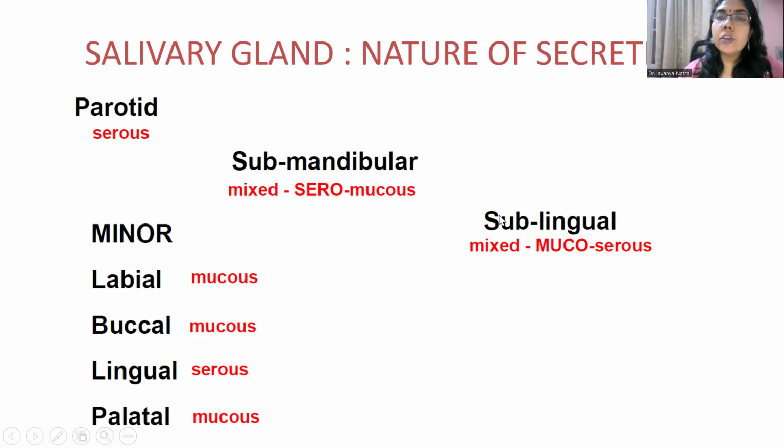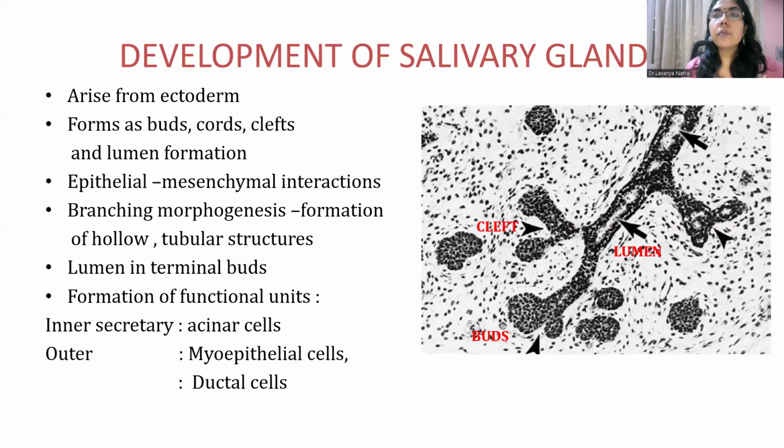The sublingual gland is also a mixed gland, but its secretions are more mucinous than serous. Mucoserous, but more mucinous than serous. The minor salivary glands are mucous in nature, except for the lingual glands, that is the von Ebner gland, which is serous in nature. That is the only minor salivary gland that has serous secretion.